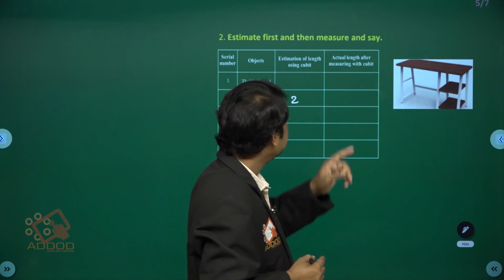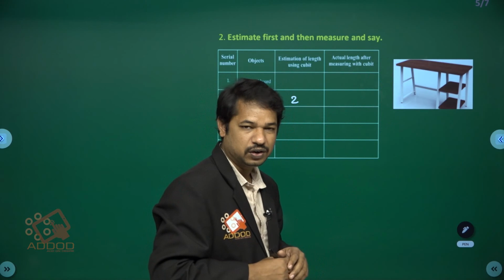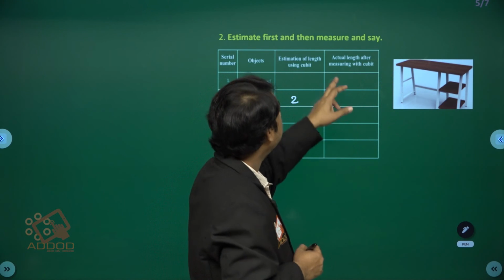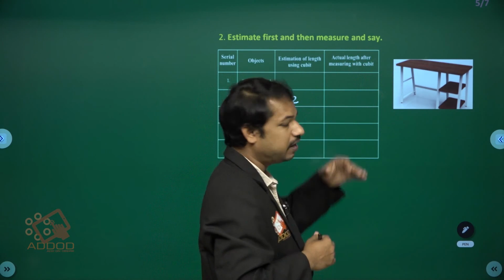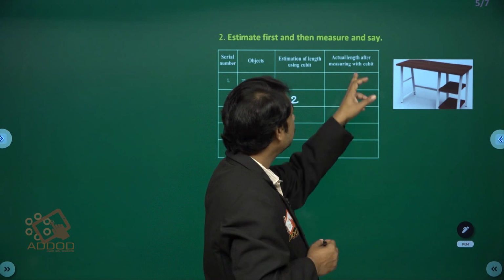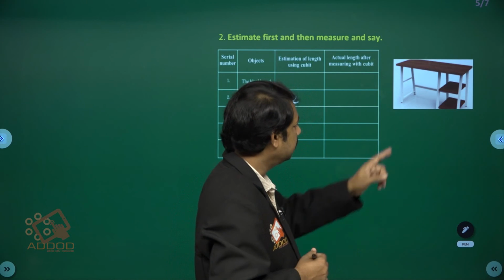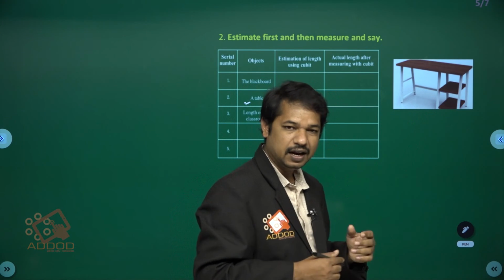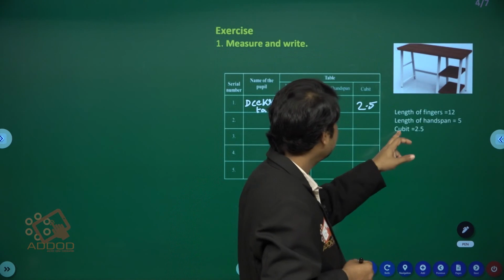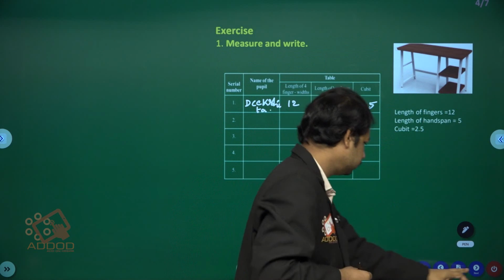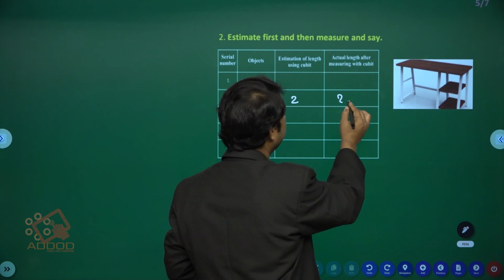So this is the estimation of length, but the actual length after measuring with cubit, the real measure, see, is 2.5.